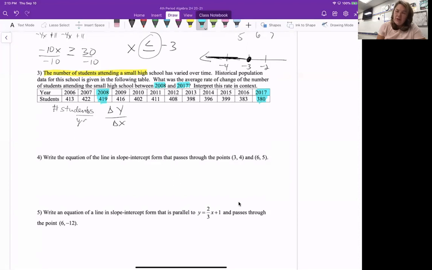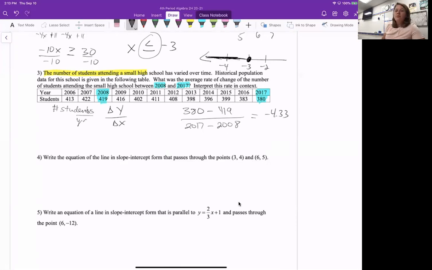So I will calculate the change in y over the change in x. My y is number of students. So number of students is 380 minus 419, divided by what is on the x-axis, the years, so 2017 minus 2008. And that value will end up being negative 4.33.